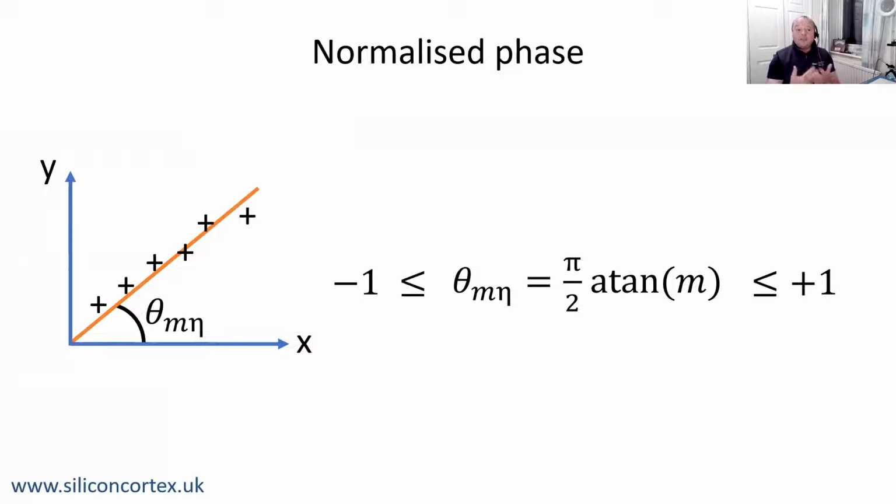Whereas if we use, rather than a gradient, say, the angle, well, the angle is going to be somewhere between 0 and 360 degrees. So we've got a defined range that we can use some if-then-else computer statements on. And here I've just reduced it with a simple equation. So it's the angle, it's always between -1 and 1. So now I can very easily go, right, well, I now know when I do my maths, the numbers are only going to be within a certain range. And that makes life so much easier.